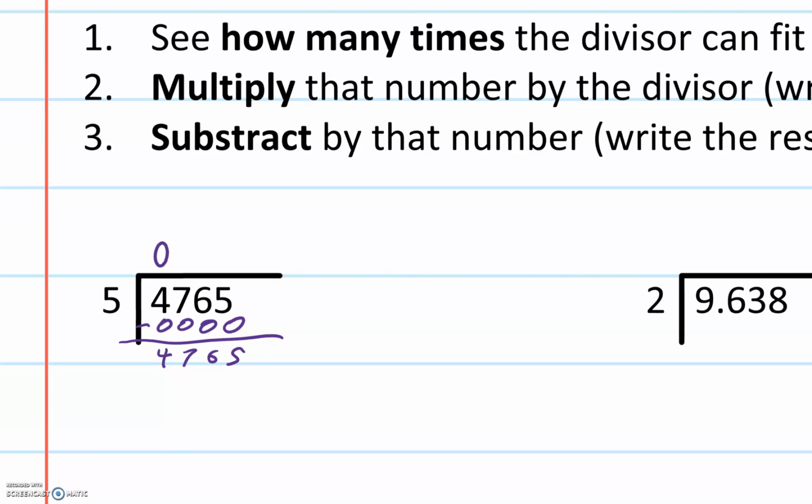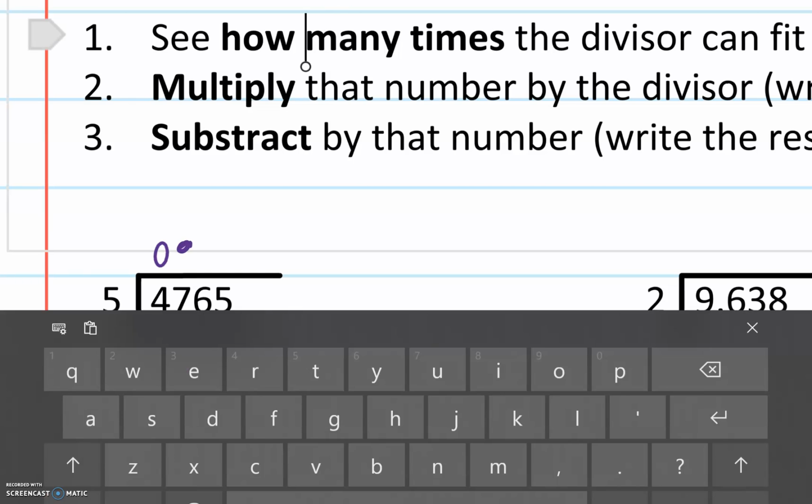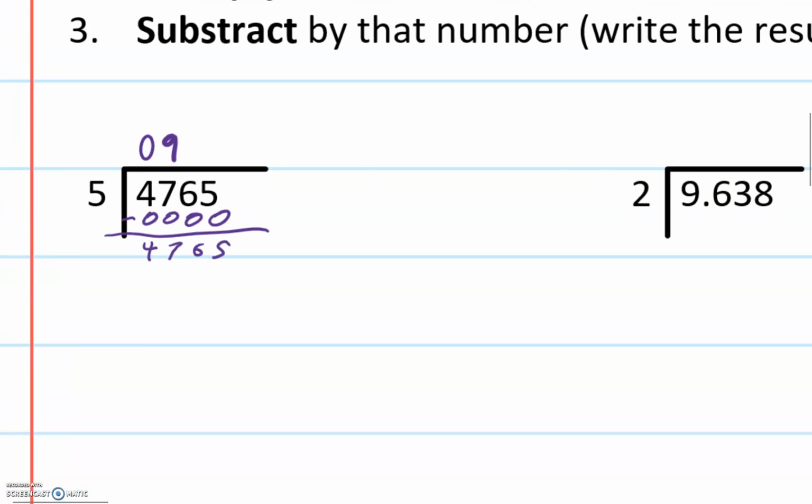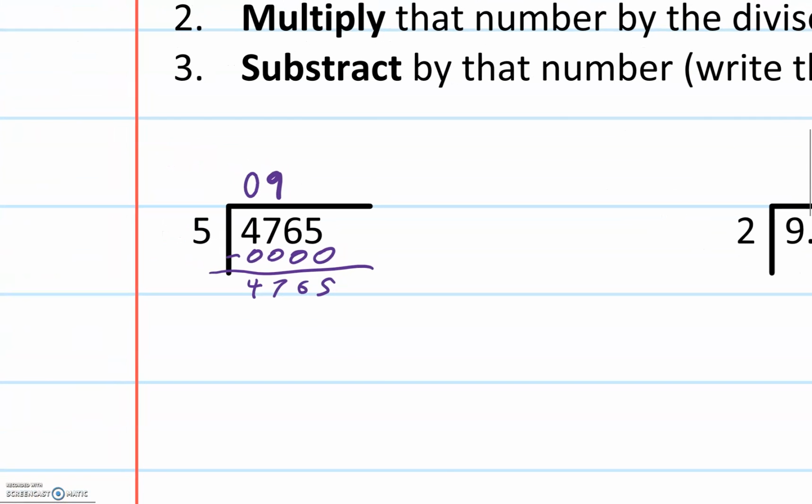Now we're going to look here. At the next column, we have 7. But we still have some left over from the column before. So we actually have 47. So how many times can 5 fit into 47? Well, I can remember that 9 times 5 is 45.